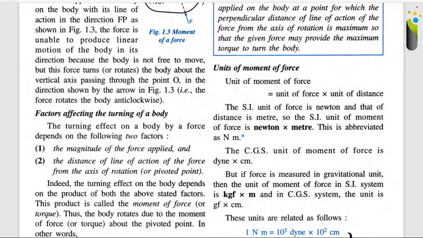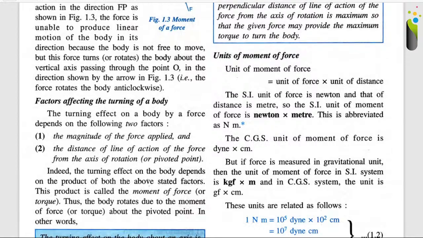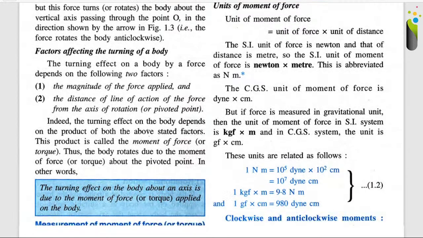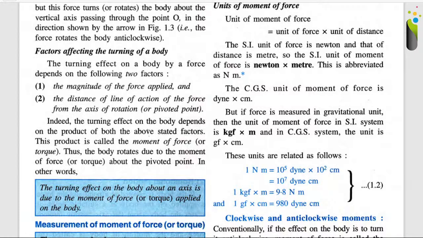Indeed, the turning effect on the body depends on the product of both the above stated factors. This product is called the moment of force or torque. Thus, the body rotates due to the moment of force or torque about the pivoted point. In other words, the turning effect on the body about an axis is due to the moment of force or torque applied on the body.